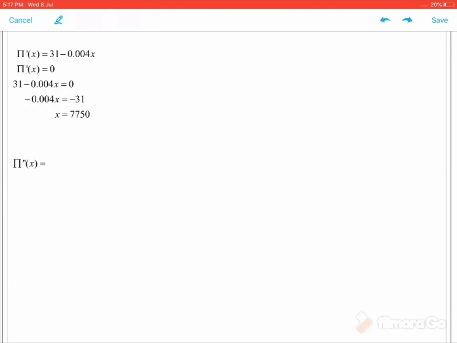To test whether x is a maximum or minimum, we have to use the second derivative test. After we do the second derivative for the profit function, we get negative 0.004, which is less than 0, which means it is a maximum. So x equal to 7,750 is a maximum.